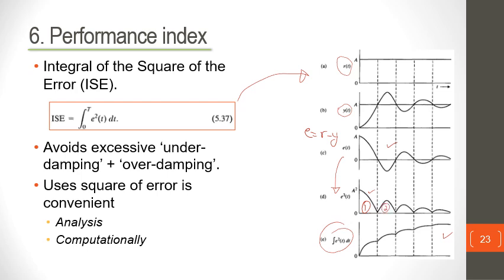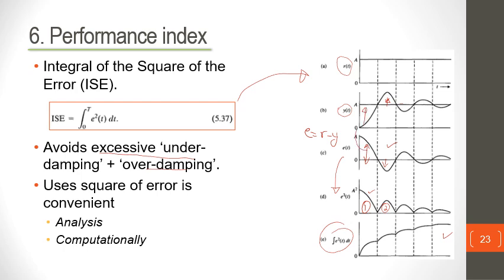So what the system will try and do in this case is to try as much as possible to ensure that this gap is small, right? So generally speaking, the ISE will avoid excessive underdamping, because underdamping causes overshoots, to make this thing smaller, and it will also try and minimize excessive overdamping, because overdamping will result in a delayed response here to get to that value.